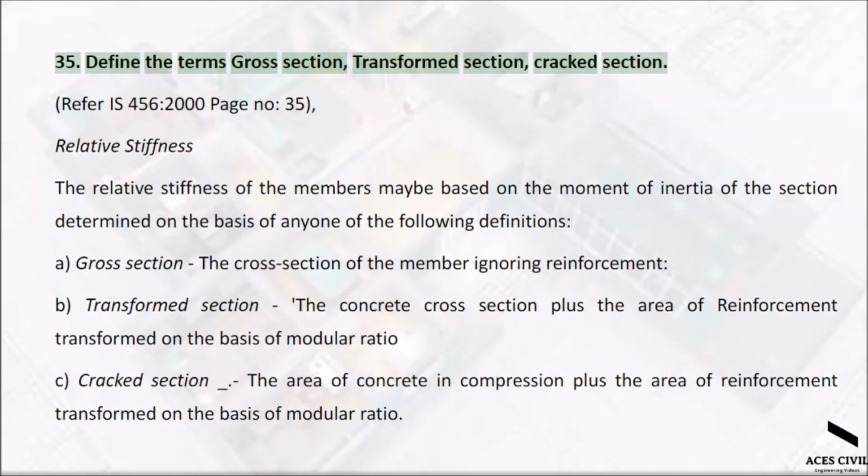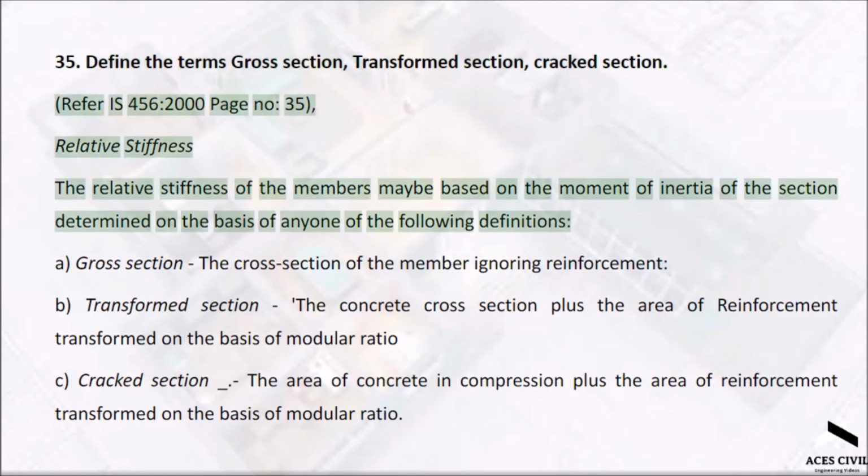Define the terms gross section, transformed section, cracked section. Refer IS 456:2000 page number 35, relative stiffness. The relative stiffness of the members may be based on the moment of inertia of the section determined on the basis of any one of the following definitions.